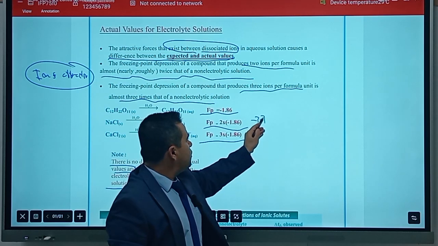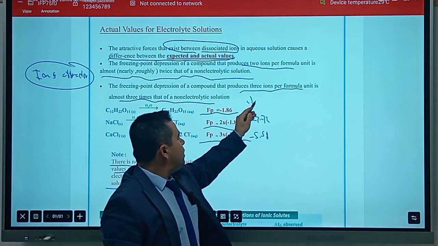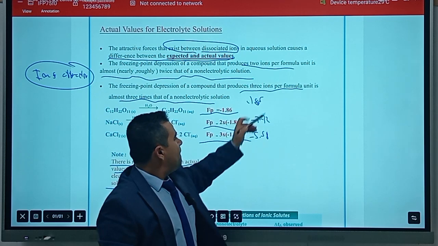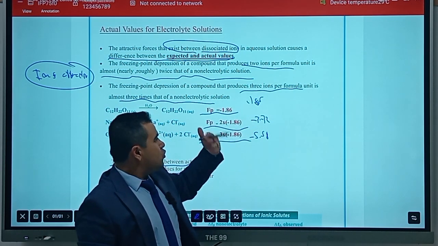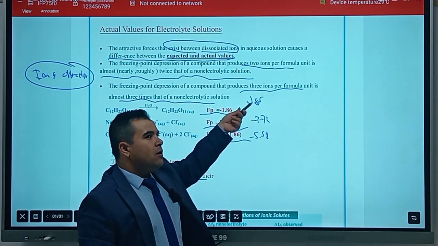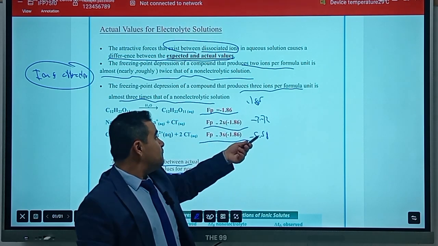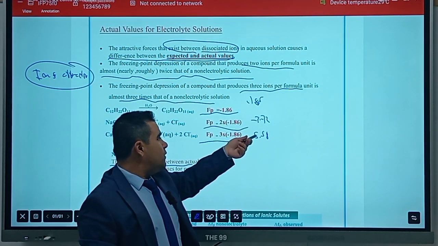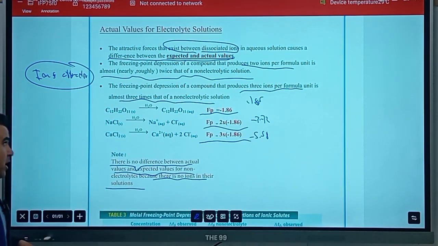So the freezing point of NaCl, which has almost 2 ion factor, is almost twice that because of having attraction between the ions. We cannot say exactly. And the freezing point of the CaCl2 is 3 times that of the sugar.